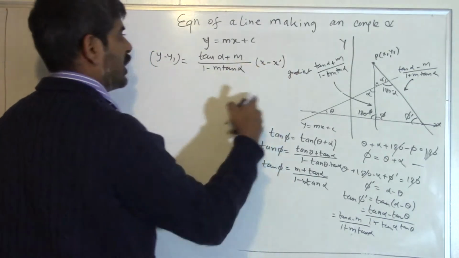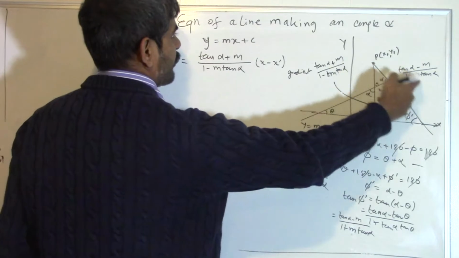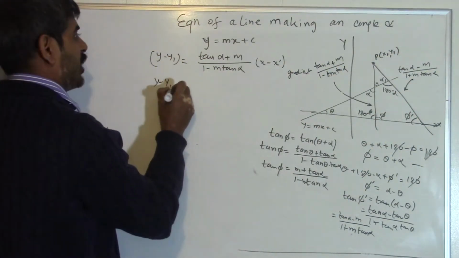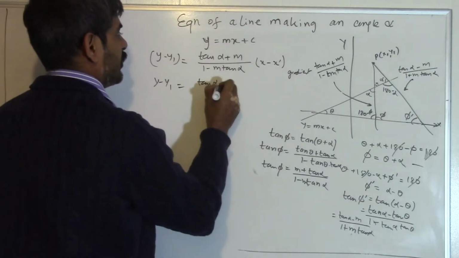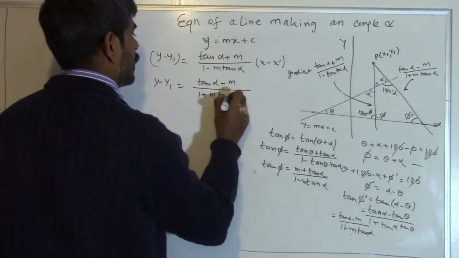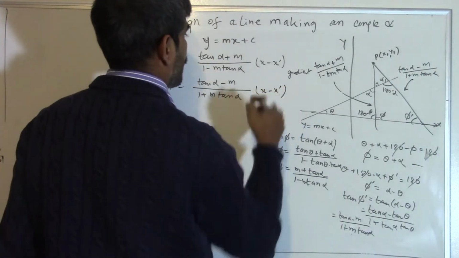And this line is also passing through x1, y1 and has this gradient. So this equation will be y minus y1 is equal to tan alpha minus m divided by 1 plus m tan alpha multiplied by x minus x1.